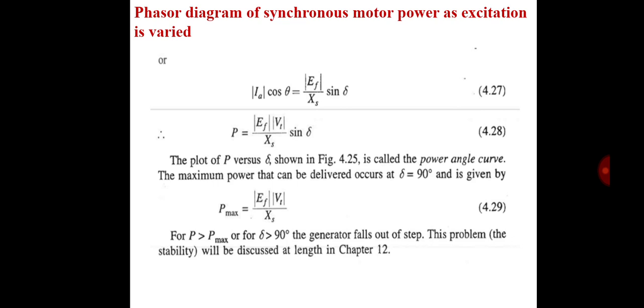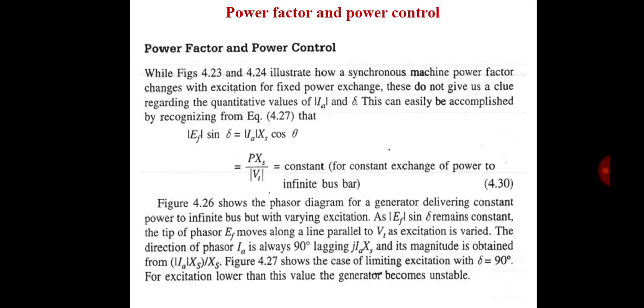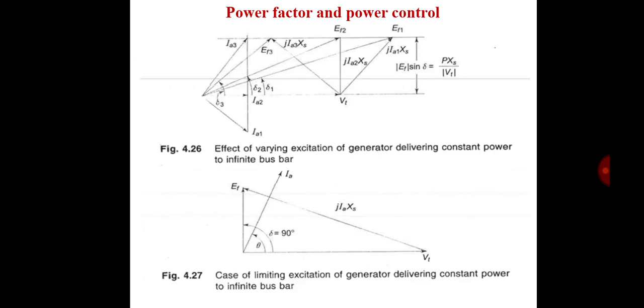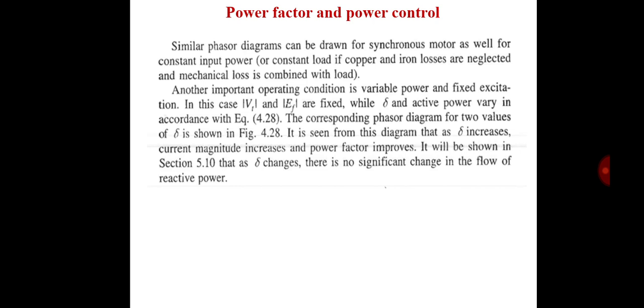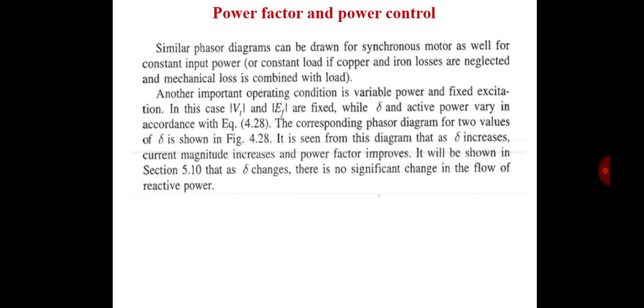Here Vt and EF are fixed, and P and delta change. It is seen from this diagram that as delta increases, current magnitude increases and power factor improves.